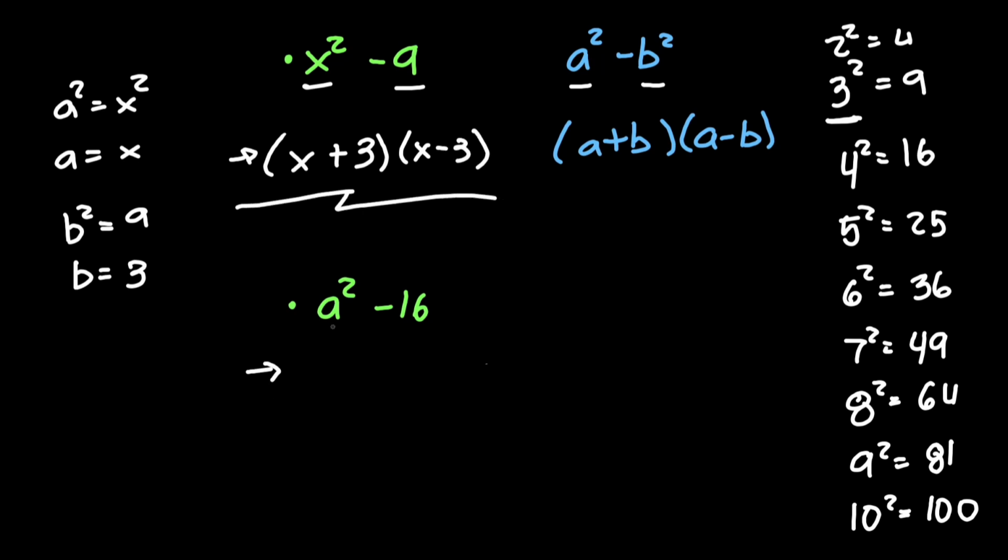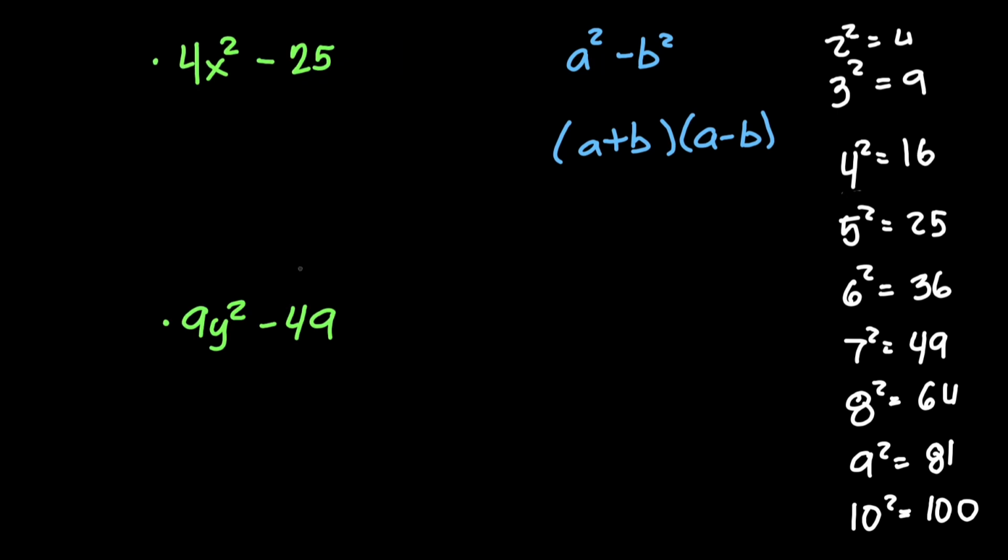For this, it is a squared minus 16. The factor form of this would be a plus 4, because 16 here is 4 squared, multiplied by a minus 4.